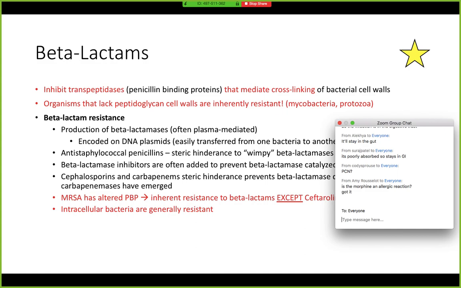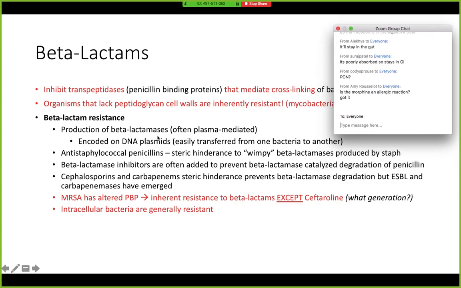So this is why we call them cell wall agents. Any organism that lacks a peptidoglycan cell wall is going to be resistant, because the whole point of beta-lactams is to act on the cell wall. If you don't have a cell wall, a beta-lactam is not going to work.